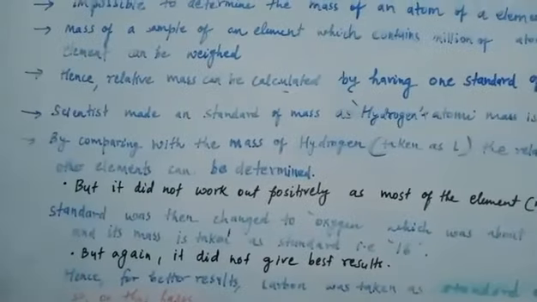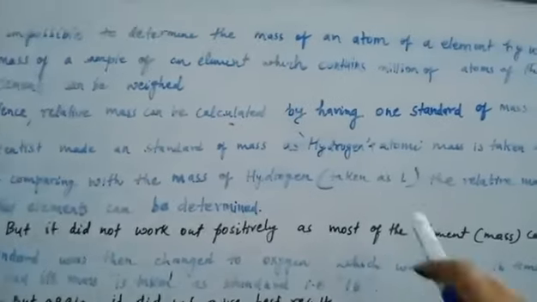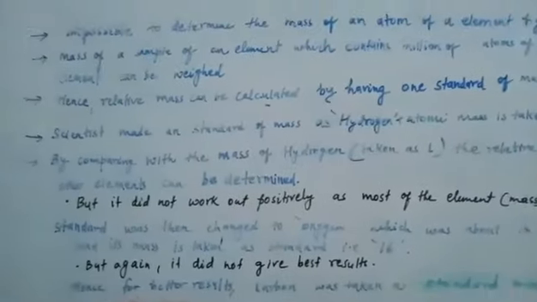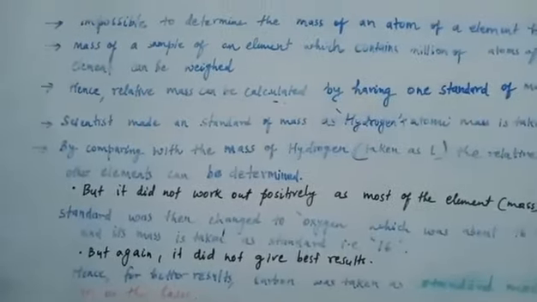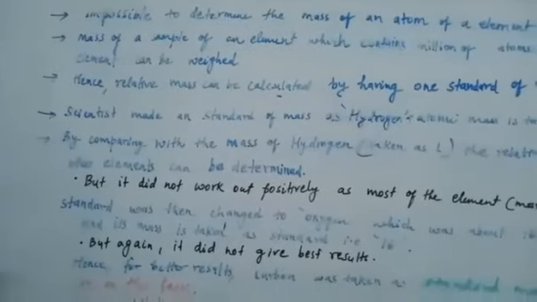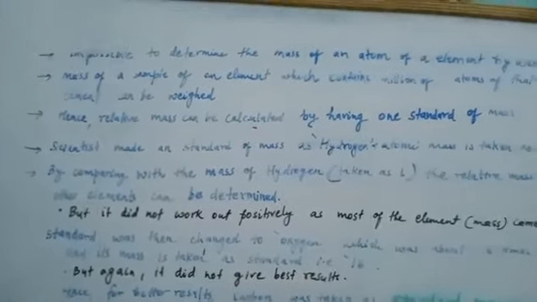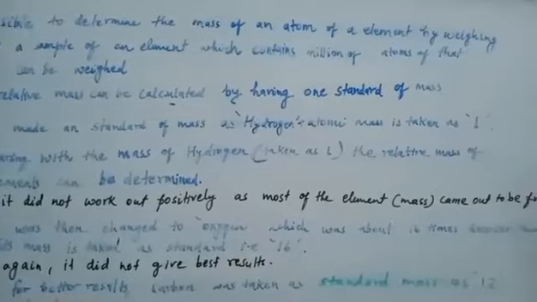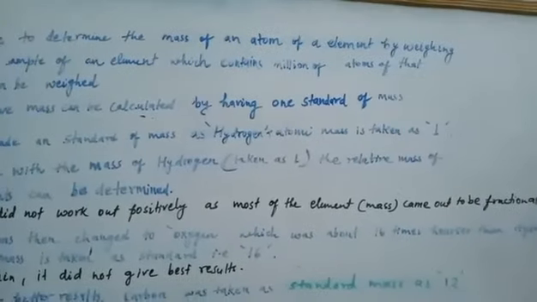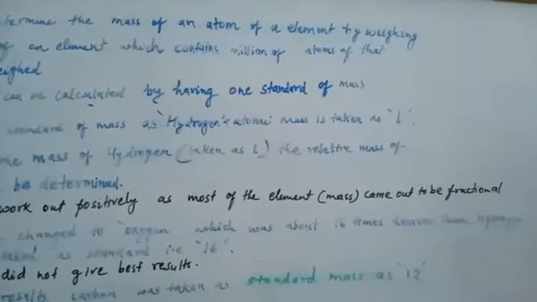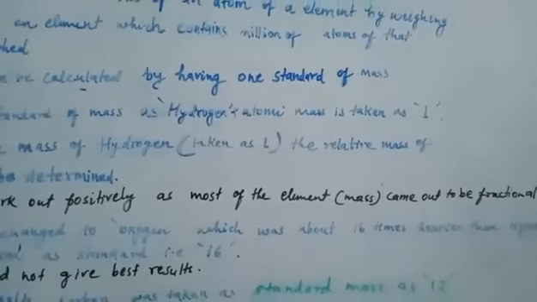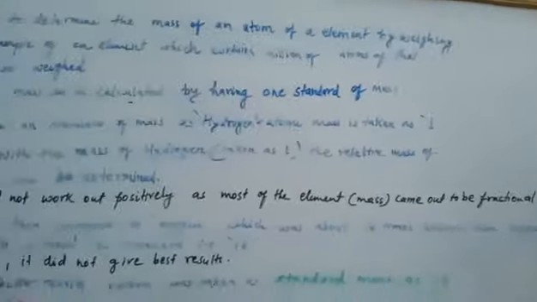So by comparing with the mass of hydrogen, which was taken as 1, the relative mass of other elements can be determined. But it did not work out positively, as most of the masses of elements calculated by keeping the standard hydrogen 1 came to be in fractional values.